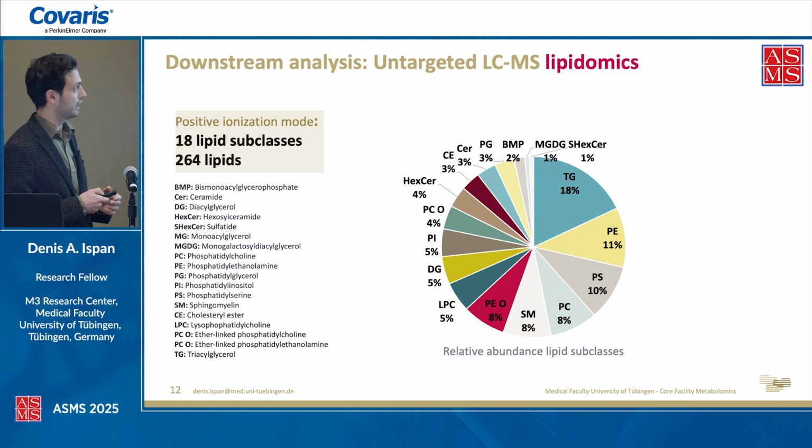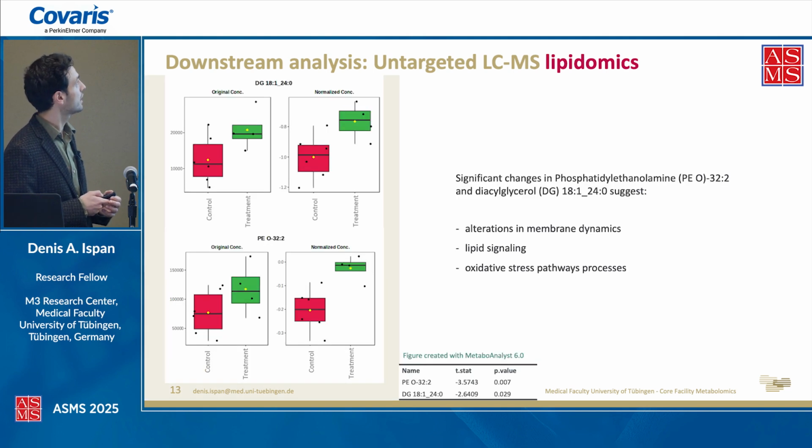But to show you a bit more in detail, here are two that were significant. Also, like before, comparing the control and treatment, we see an increase in these two lipids, from the PE-O group and TG, and that indicates some alteration in membrane dynamics, lipid signaling, and also oxidative stress.